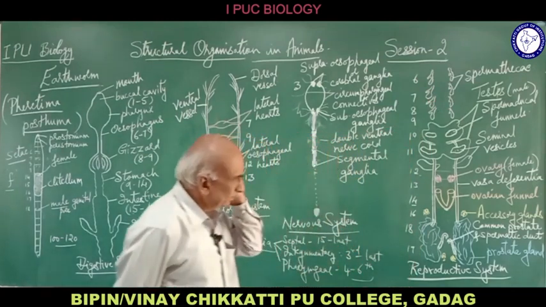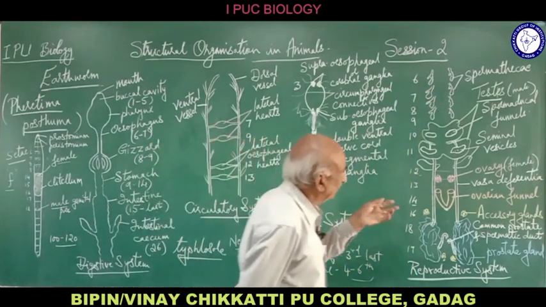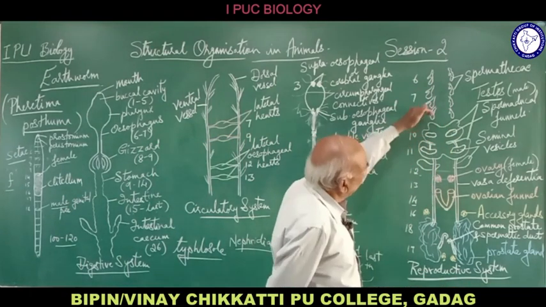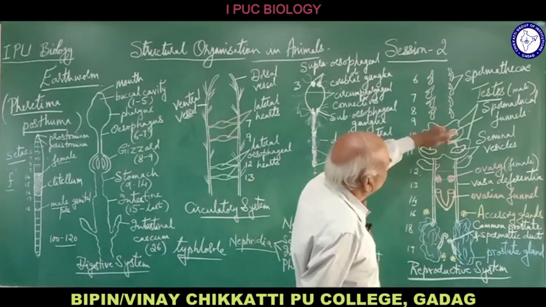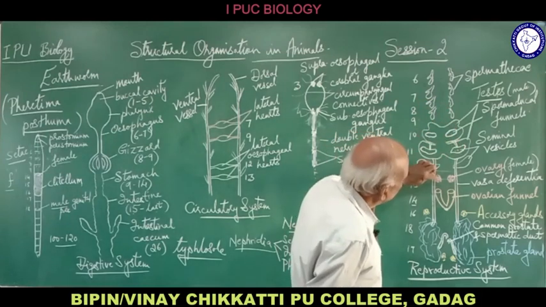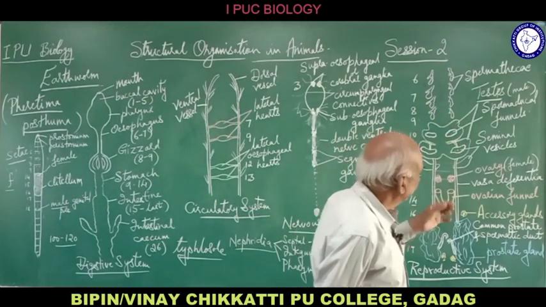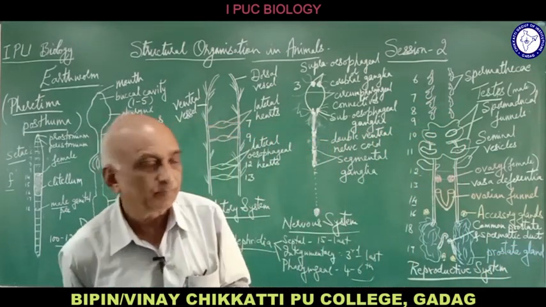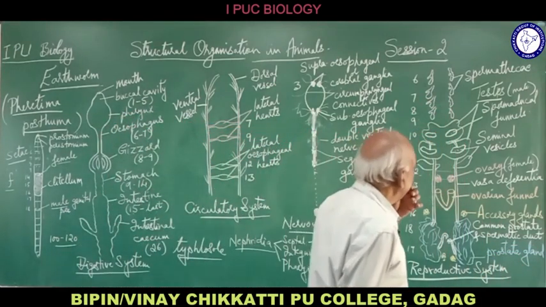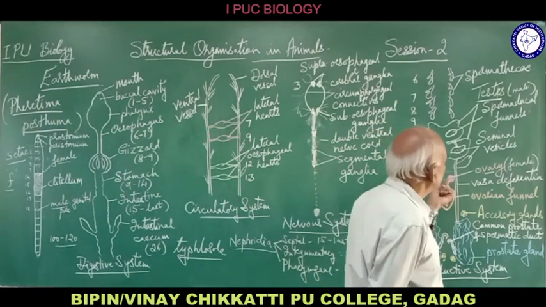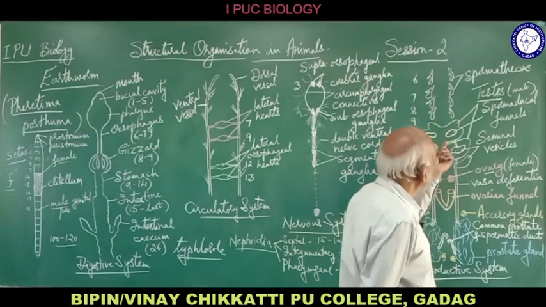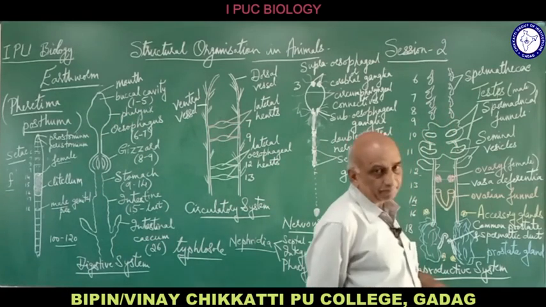So the spermatheca stores sperms, and later releases the sperms when the ovary has matured or well developed eggs. So these eggs which are produced by the ovary are fertilized by the sperms which are stored in the spermatheca.